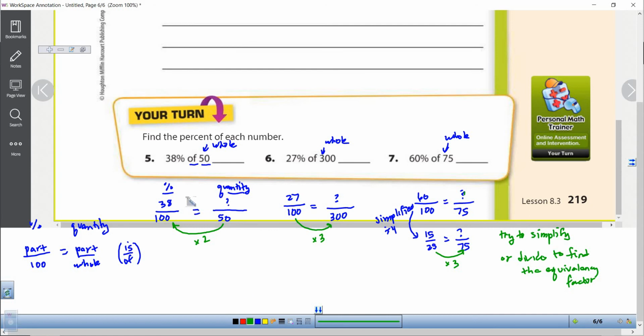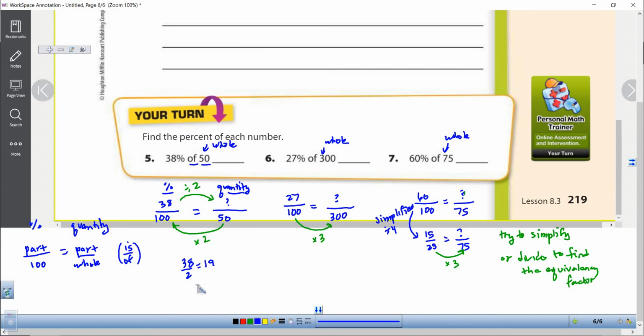So now the question is, what is that number there? Well, if going this way I multiply by 2, I'm going to do 38 divided by 2. Again, when I say what times 2 is 38, that's the same as saying what is 38 divided by 2. And 38 divided by 2 is 19.